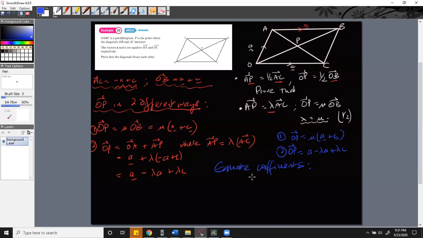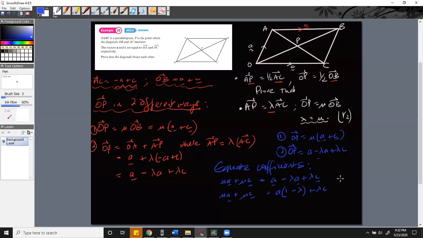So this one is going to expand out to be mu A plus mu C, which is equal to this one here, A minus lambda A plus lambda C. Okay? Now what I'm going to do here is factor this A out. So I've got mu A plus mu C is equal to A times 1 minus lambda plus lambda C.